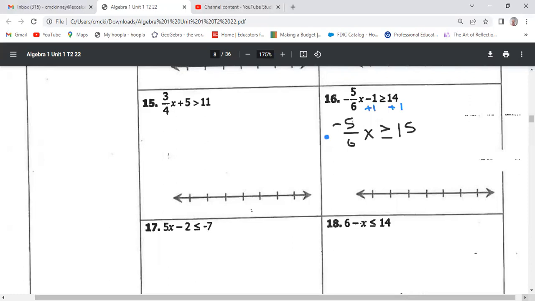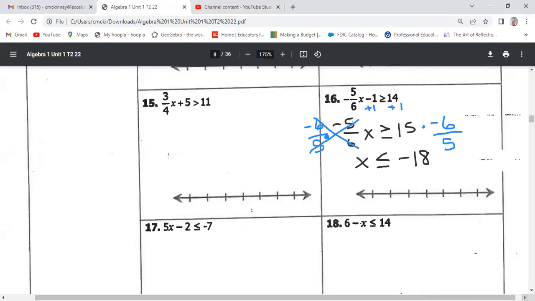So if I multiply by -6 over 5, which is like multiplying by -6 and dividing by 5 all in one step, the 6's cancel, the 5's cancel, and 2 negatives make a positive, leaving us just with x. We are multiplying by a negative, so the symbol is going to change direction.